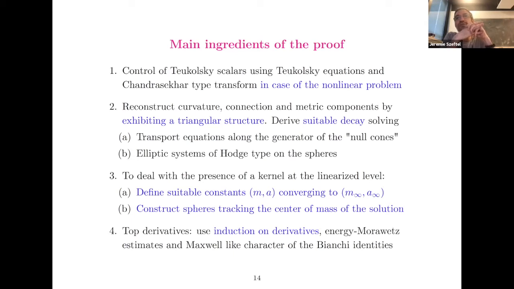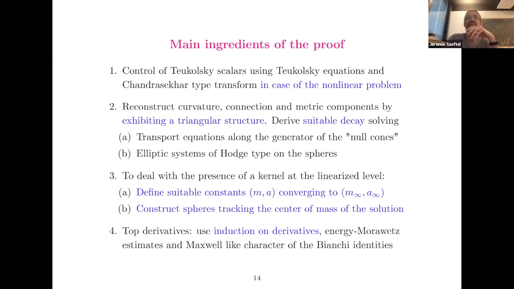You use a proof by induction on derivatives. In other words, you use the fact that you already had decay for low derivatives. You do an induction argument on derivatives, and you use energy Morawetz estimates for wave equations and the Maxwell-like character of the Bianchi identities. So the Bianchi identities are a system satisfied by the components of curvature, which looks a bit like a Maxwell system, which is also hyperbolic.